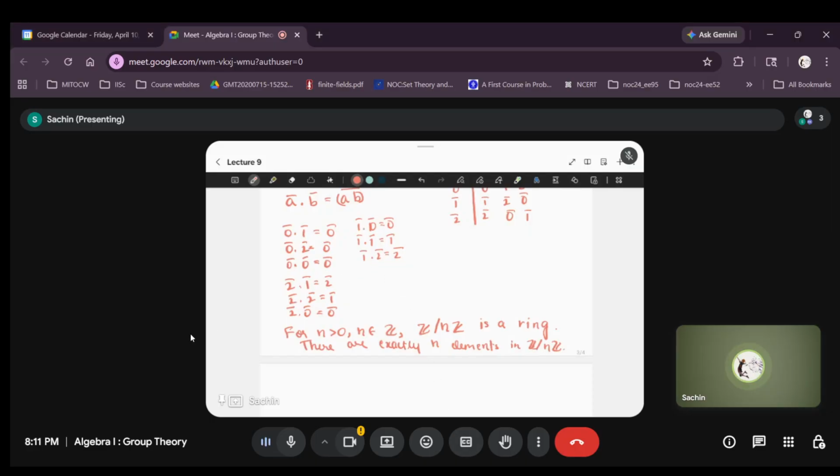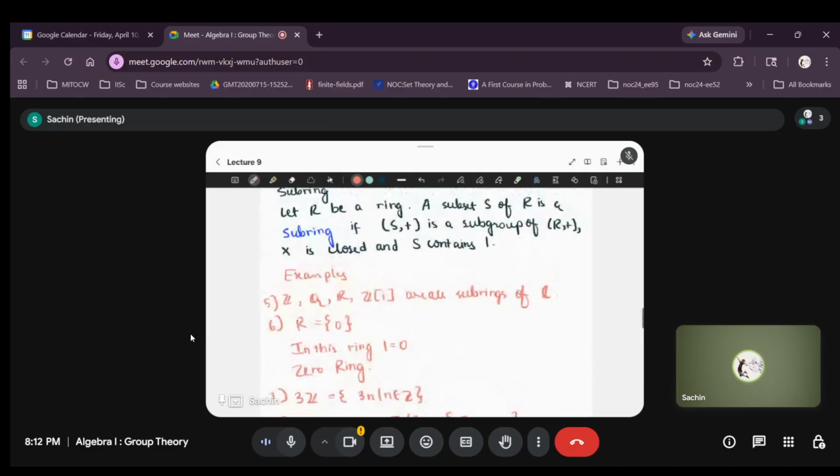So here one thing you have to note is that this is not a subring of the complex numbers. These are actually equivalence classes, right? Not the elements themselves.